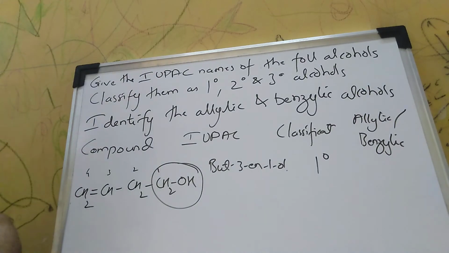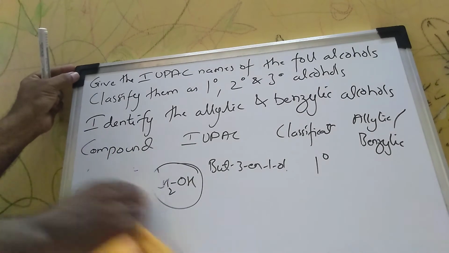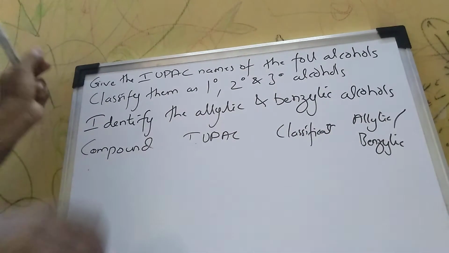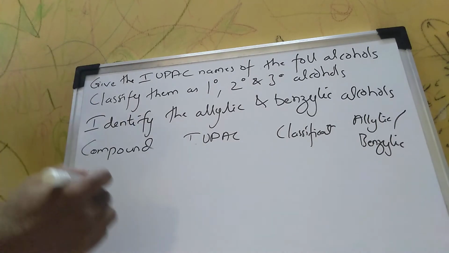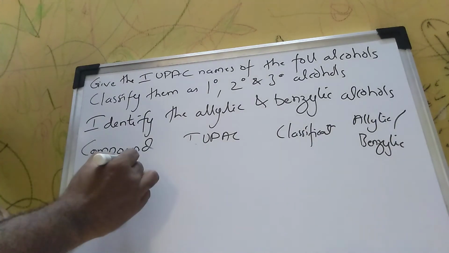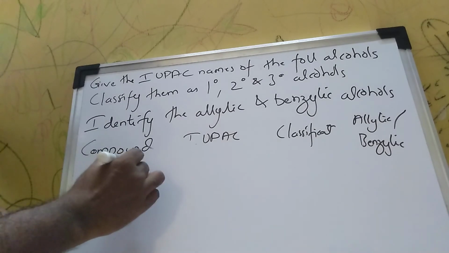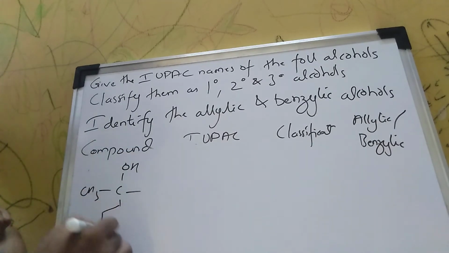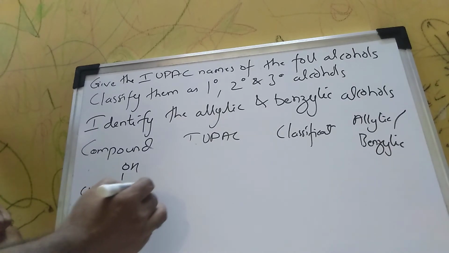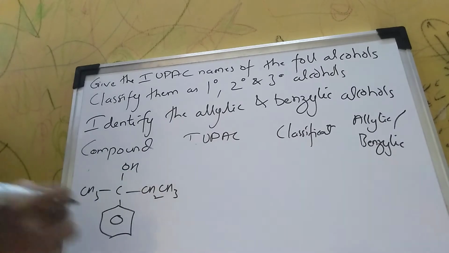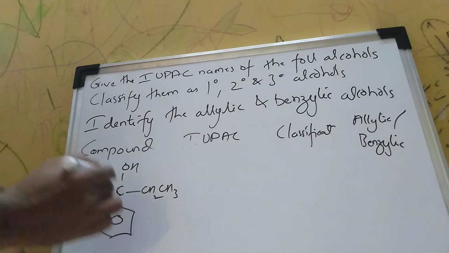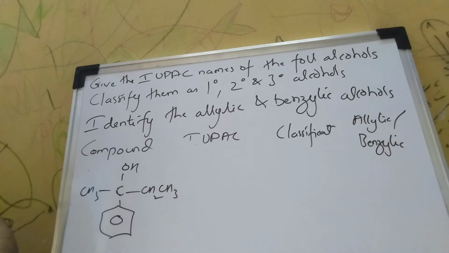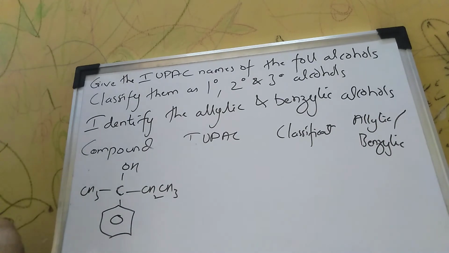Another example of benzylic we'll try. Now this carbon atom is attached to the OH group, and in turn it is attached to the benzene ring.